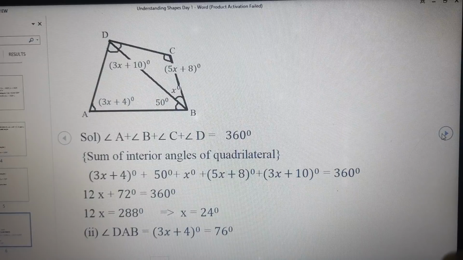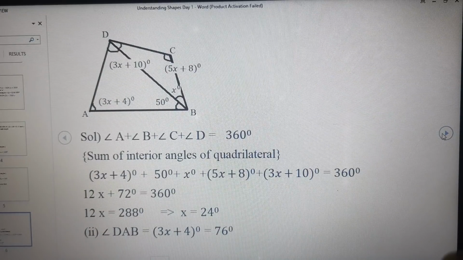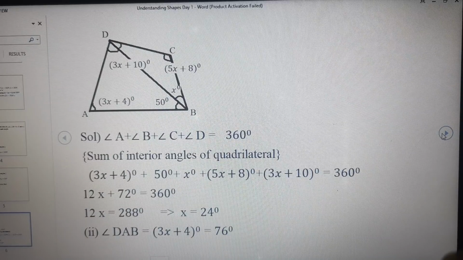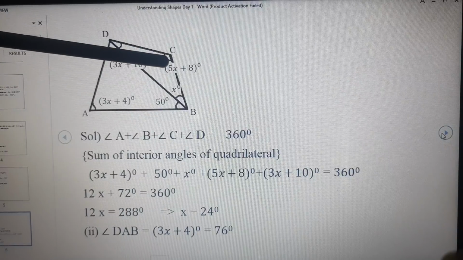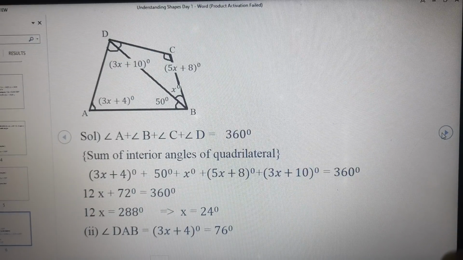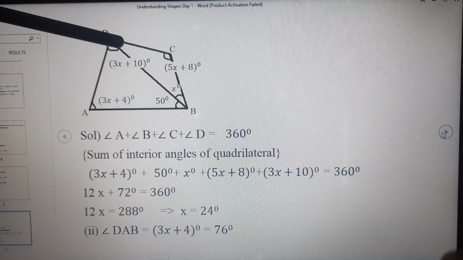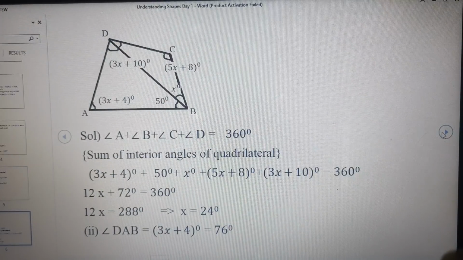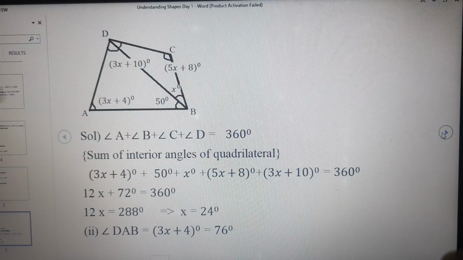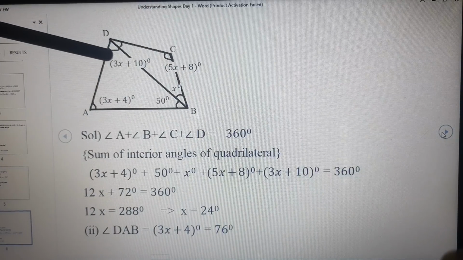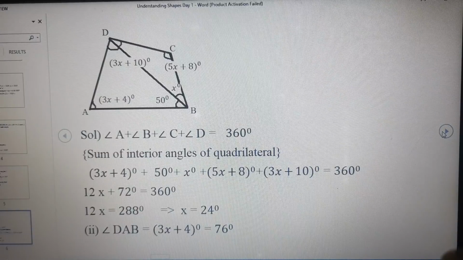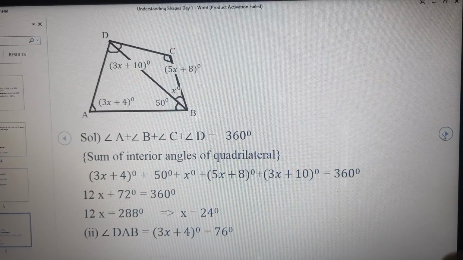So if I ask you what is angle B, complete angle B will be 50 plus x. Angle C, complete angle C is 5x plus 8. Complete angle D, this is also divided but they have not given the separate values of angle D. Complete angle D from here to here is given as 3x plus 10.